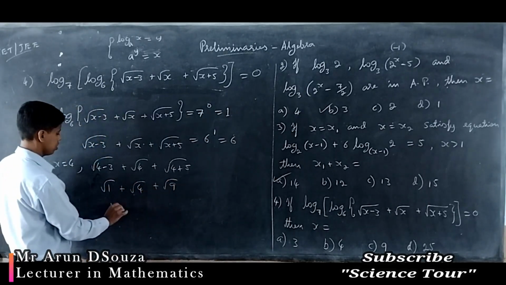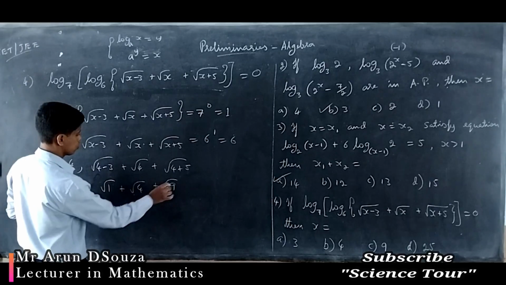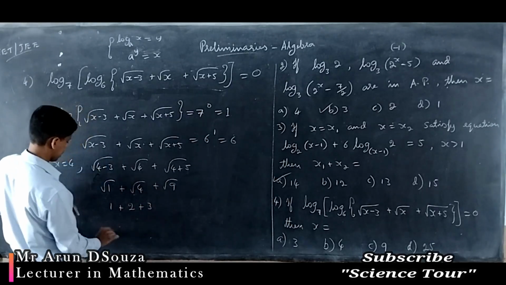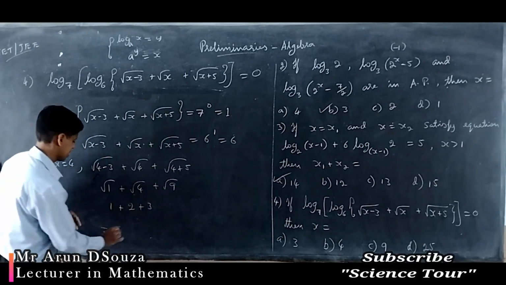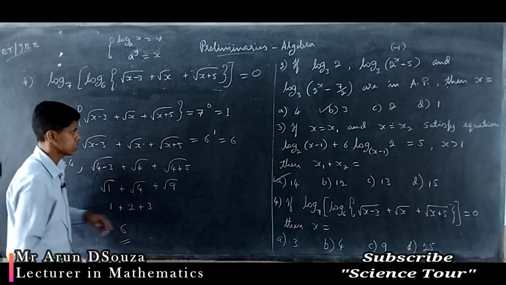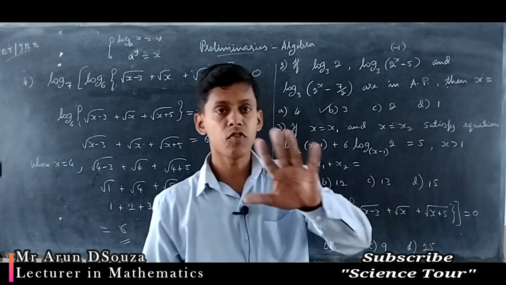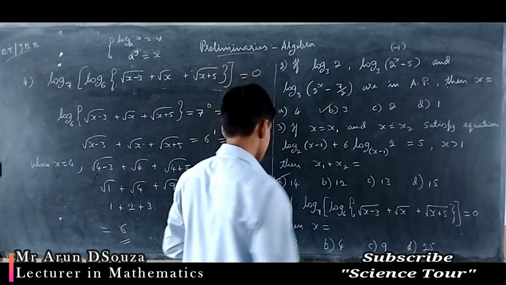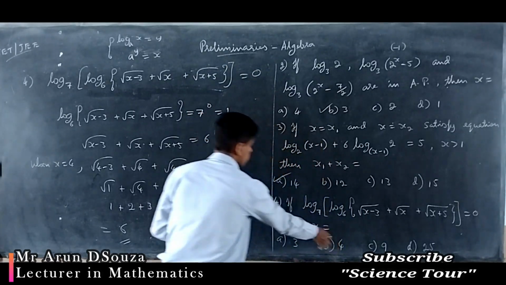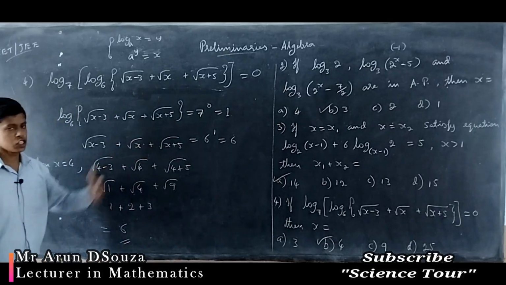Now this is 1, root 4 is 2, root 9 is 3. What is the answer? 6. 1 plus 2 plus 3 is 6, and that's the answer we were expecting, and we got it. Therefore, which option is correct? Second option. When you put x is equal to 4, it will match.